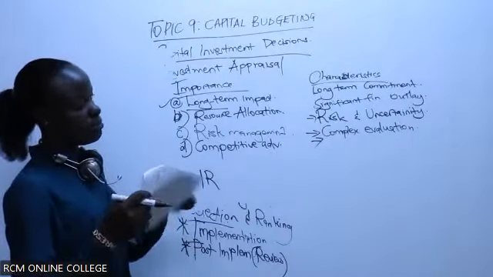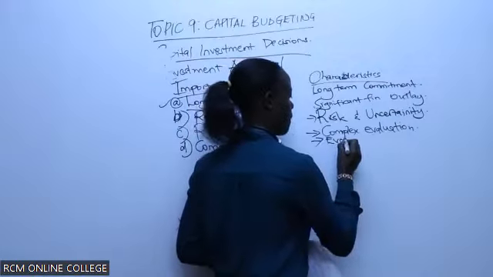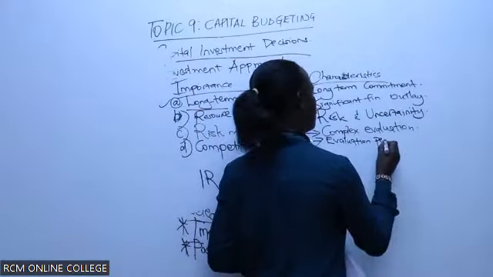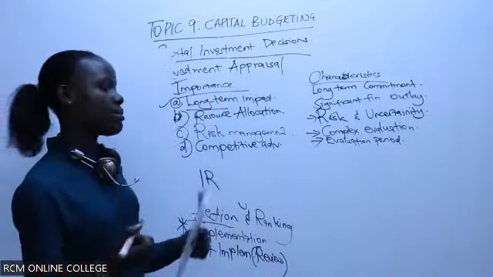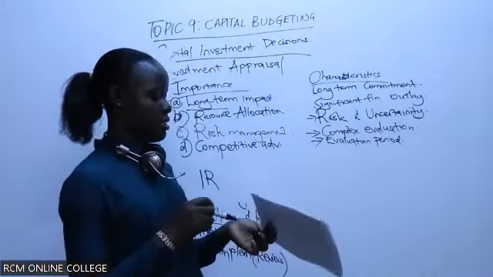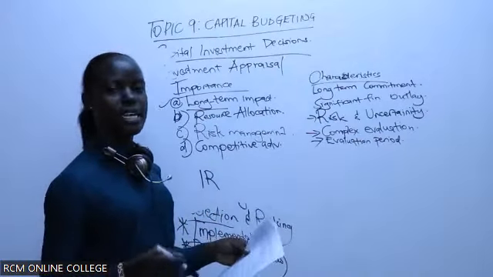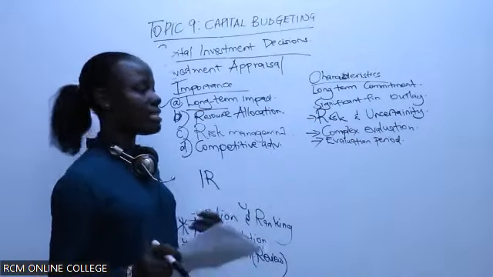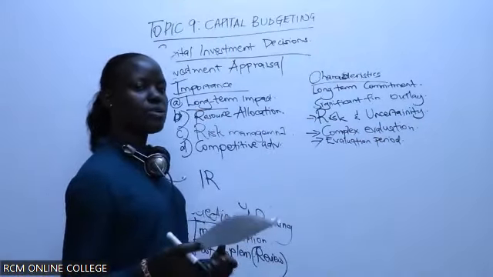We can also talk of the evaluation period. This can be derived from the step where first you identify the project and now you evaluate. And evaluating takes time. You'll have to draft the costs that are associated with your project, the benefits, the various outcomes.